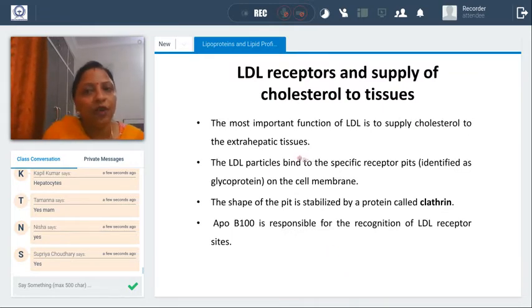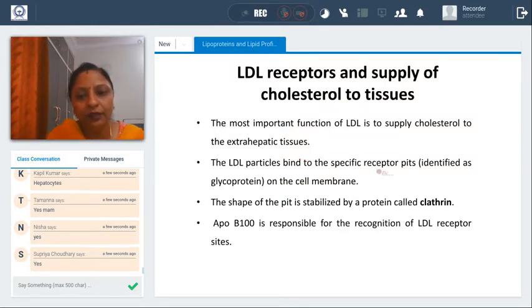LDL receptors and supply of cholesterol to tissues. The most important function of LDL is to supply cholesterol to the extrahepatic tissues. As I said earlier, the LDL particle binds to specific receptor pits identified as glycoproteins on the cell membrane. The shape of the pit is stabilized by a protein called clathrin.